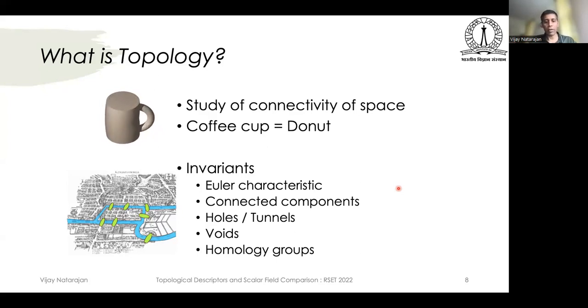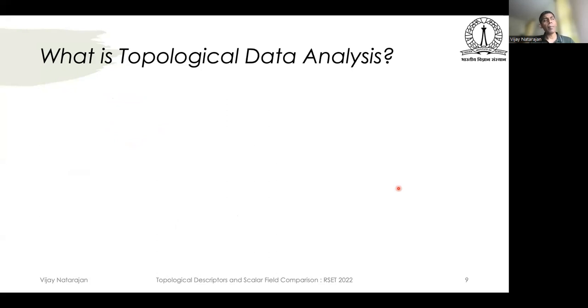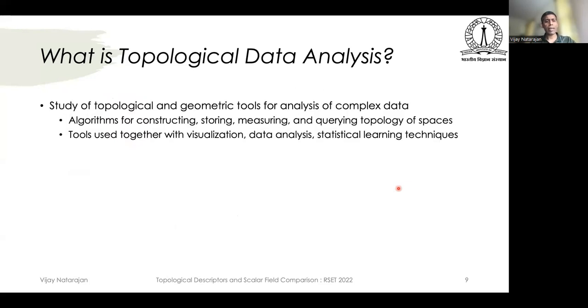So tractability is, of course, a next question that we would want to address. This is an interdisciplinary branch of study that uses topology for analyzing data, called topological data analysis, or TDA for short. So what do we do in the area of TDA?